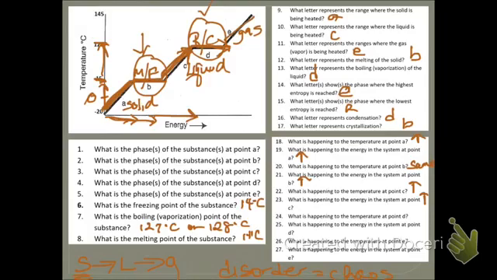So we said the same. What is happening to the energy in the system? Even though the temperature hasn't changed, that heat energy is still going forward. What is happening to the temperature at point E? As the gas temperature is increasing, our temperature is still going up. And the energy, as it's increasing, the heat energy is still going forward.